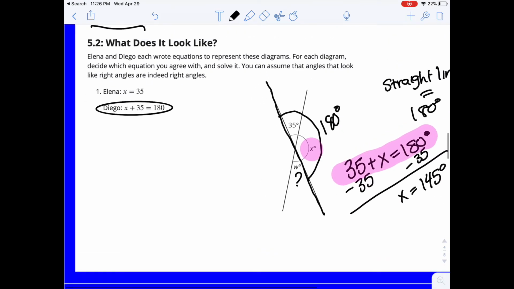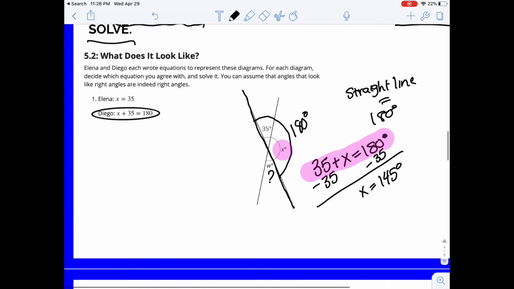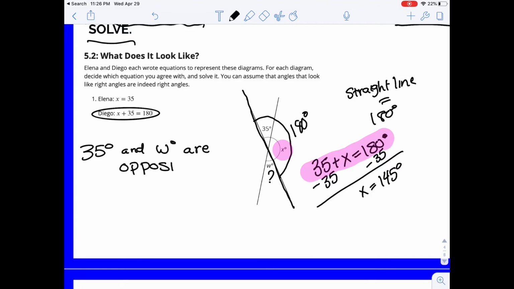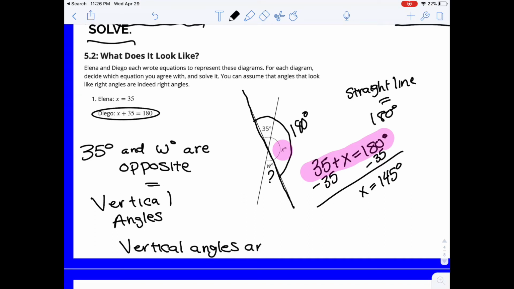Well, if you remember that 35 degrees and W degrees are opposite, meaning they are vertical angles, which means vertical angles are always equal.